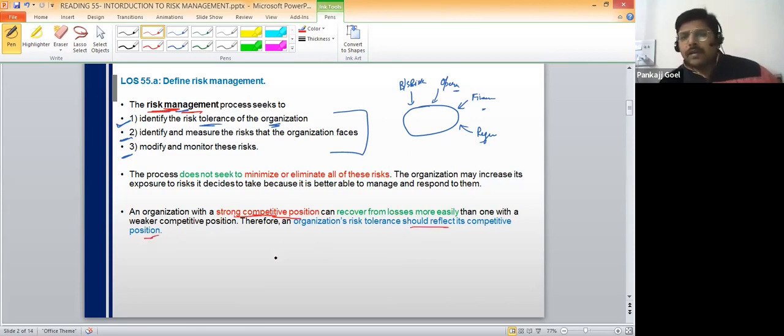Definitely, if there is a company which is a market leader, and some problem comes to the economy, there are more chances that this company will come out of the problem more quickly in comparison to smaller companies, because it recovers quickly from that kind of risk. जो छोटी कंपनीज हैं उनको टाइम लगता है उस रिस्क से बाहर आने के लिए.